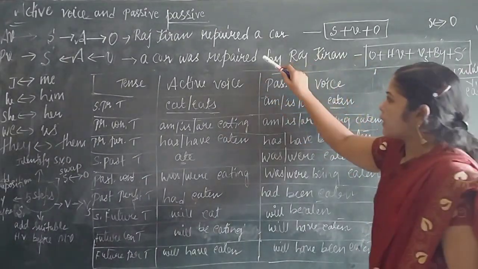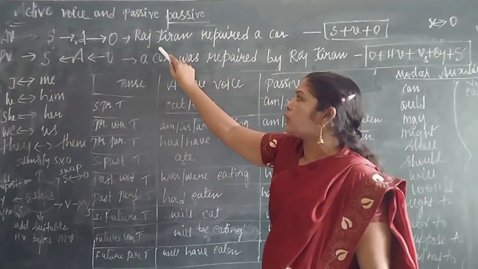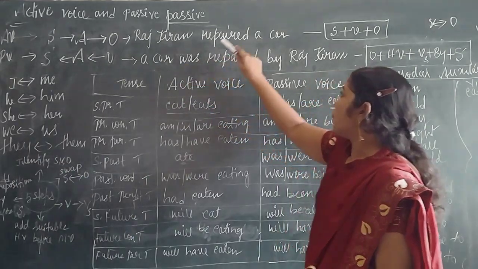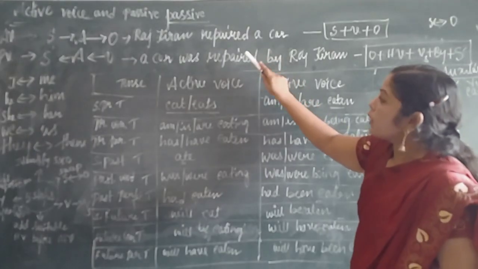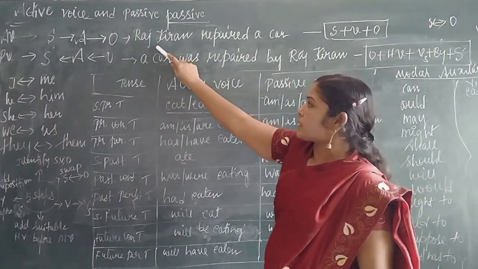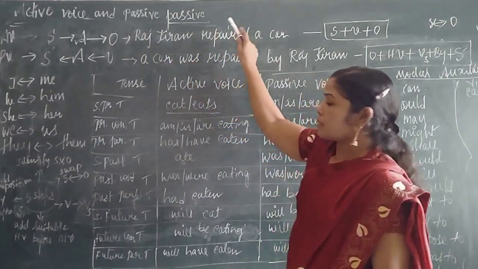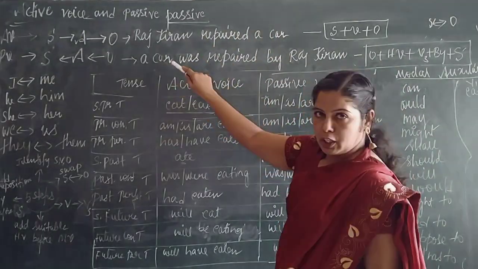In this sentence, the action repaired has been done on the subject, a car, by an object. So passive voice says what has been done to the subject, and active voice says that the subject does something. Here the subject receives an action.